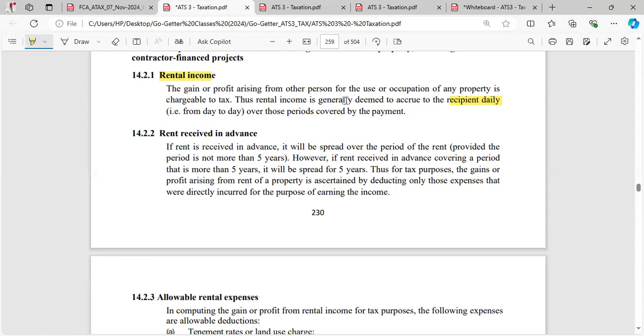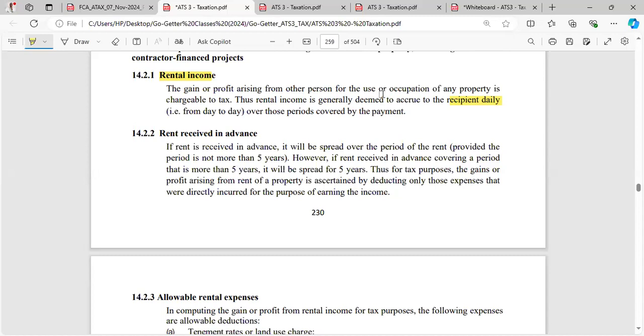So if you receive rent for 2 years, what you will recognize for the current year will be 1 year. If somebody pays you 2 years, 2.5 years, 3 years, you will recognize the rent for each year. You will not recognize the whole money you receive as your income for 1 year. No, it will be spread. That is in accordance with the accrual concept.